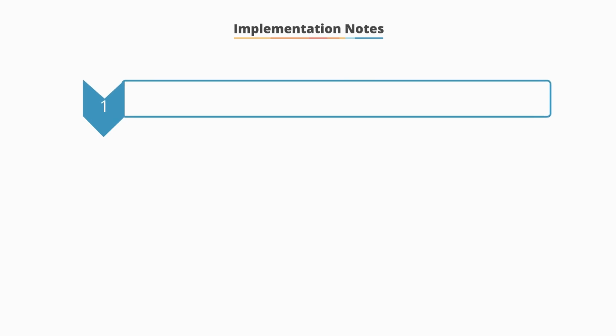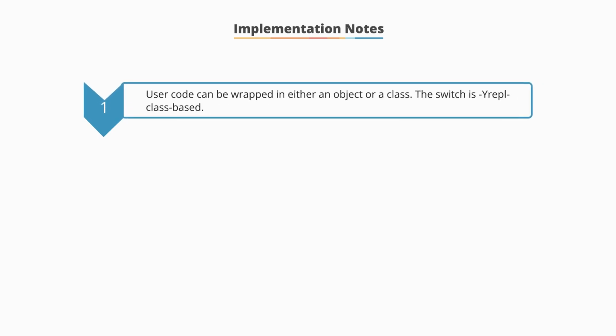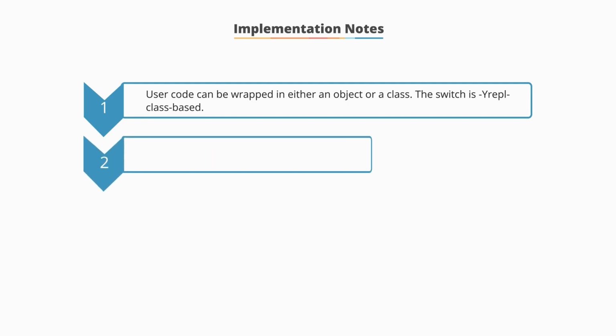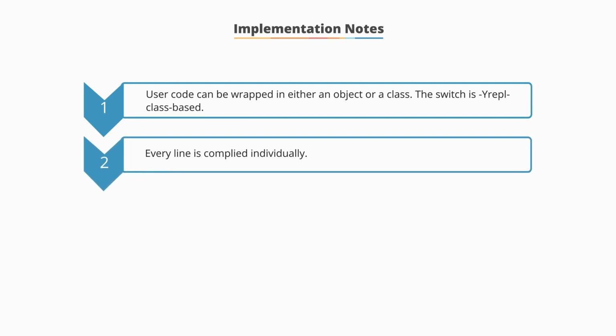Implementation note. The following are the implementation notes of Scala REPL. User code can be wrapped in either an object or a class. The switch is -Yrepl-class-based. Every line is compiled individually.